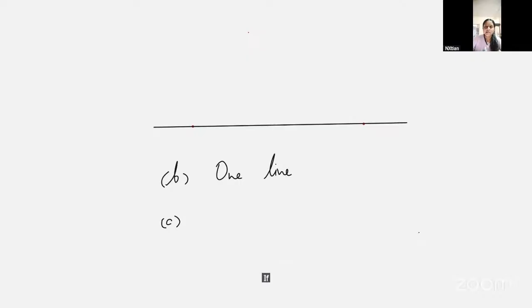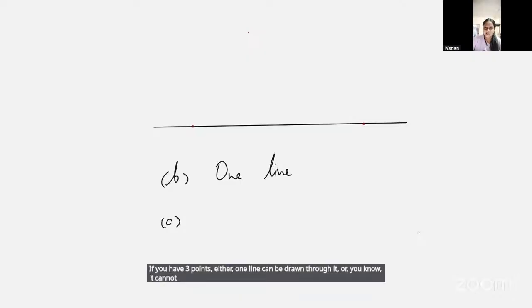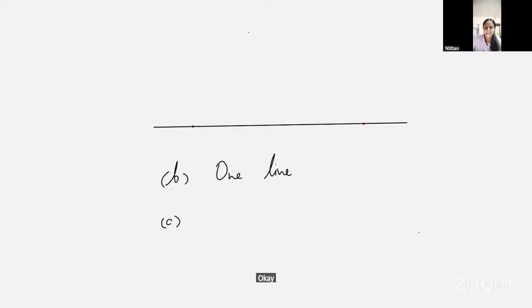If you have 3 points, either one line can be drawn through them, or it cannot be drawn through. So it depends on how many points you have, how many lines can be drawn through.